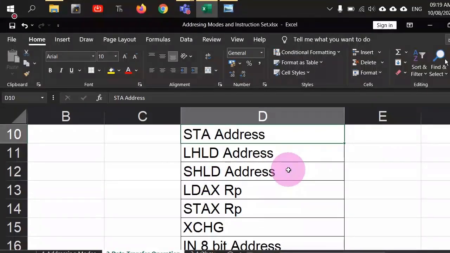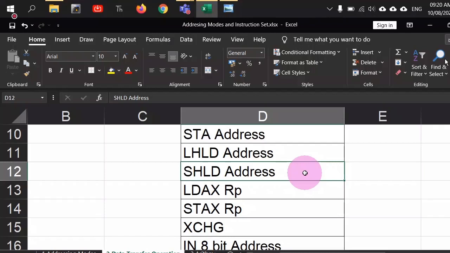And in what fashion will that data be copied? The higher order register, that is the H register's data, will be copied to the higher order address, and lower order register, that is L register, its data will be copied to the lower order address. Copying or transferring data in this way, we call it little endian format. There is something called big endian format also, where the reverse of this is done.